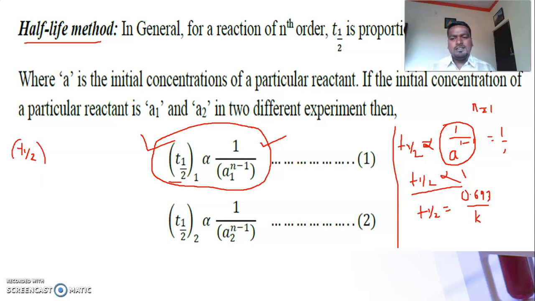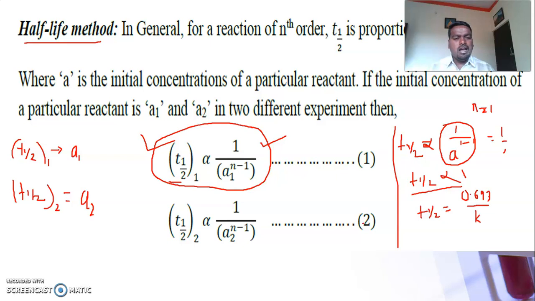Let us consider t half 1 as the half-life of a reaction at initial concentration A1, and t half 2 as the half-life period of a reaction at initial concentration A2. So now we have two equations.